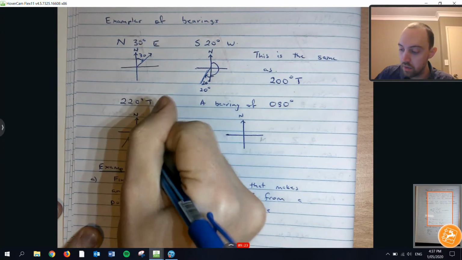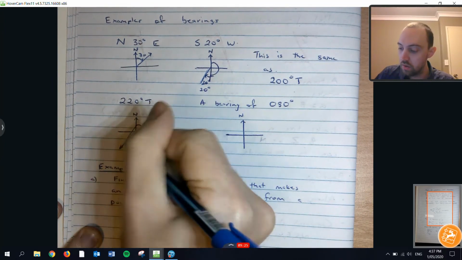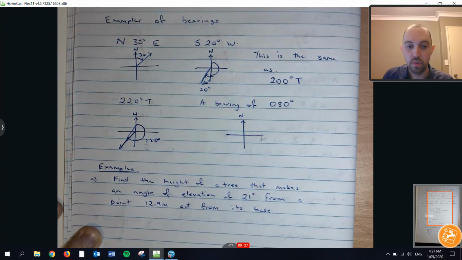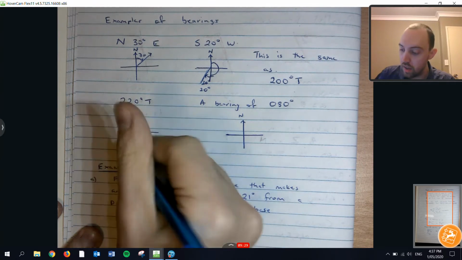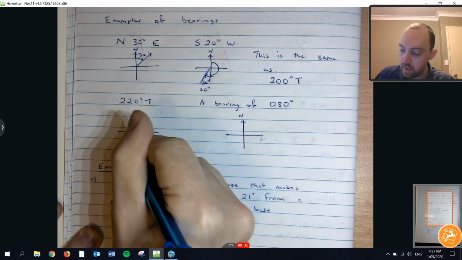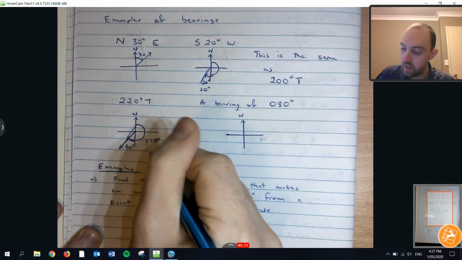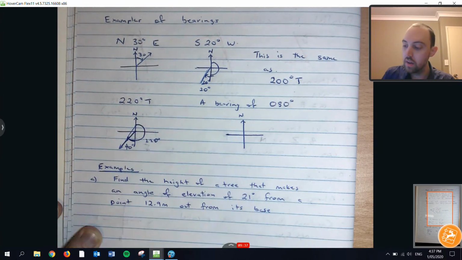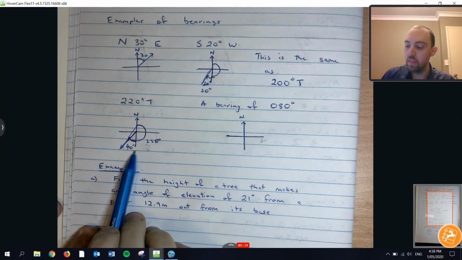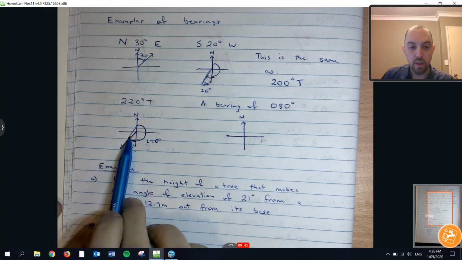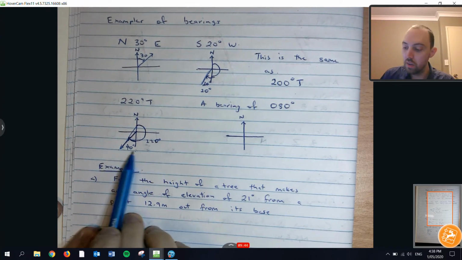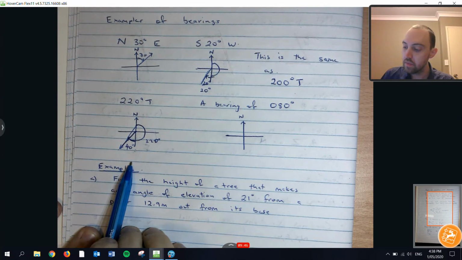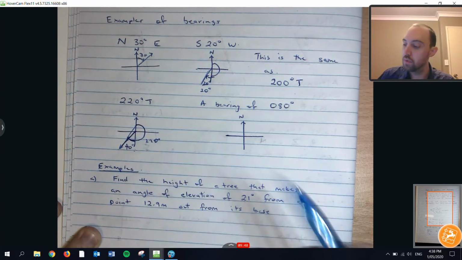Start from the origin, not from where you started to circle. And you might just label 40 degrees in here rather than the full 220, because between south and the bearing that we're going to be traveling in is only 40 degrees. But you can write it as the full 220.